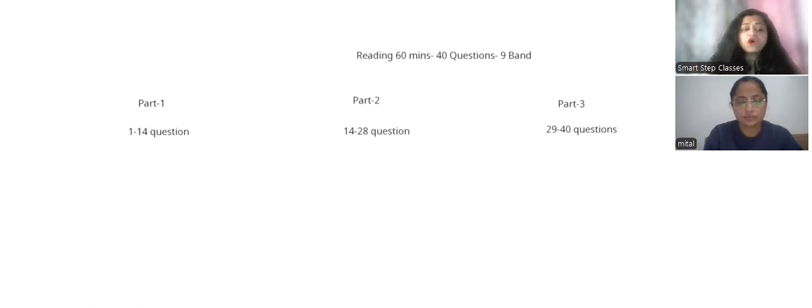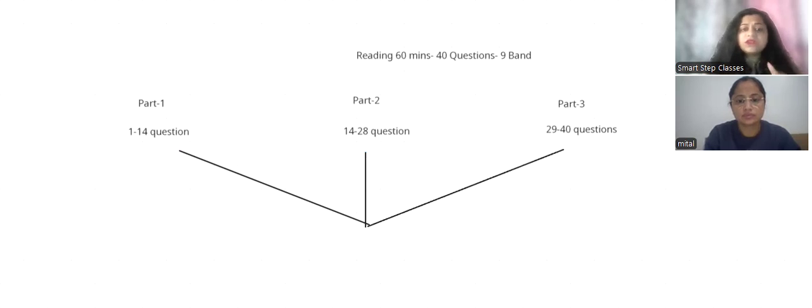Now, when I talk about the difficulties and the challenges, always remember one thing very clearly: whether it is part one, part two, or part three, in all the three parts the same content is going to be given.